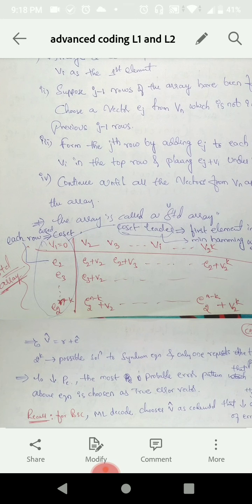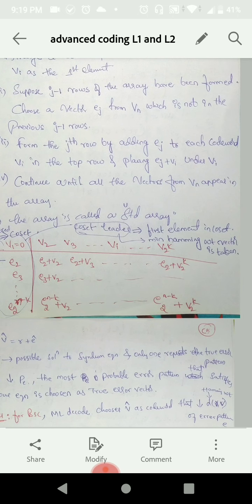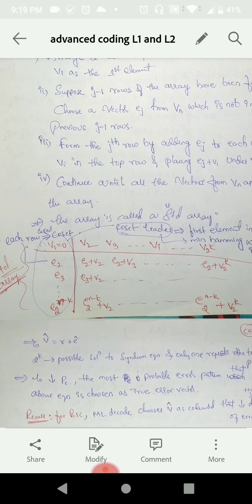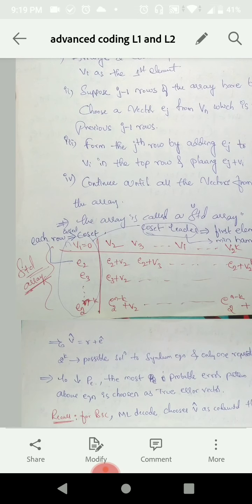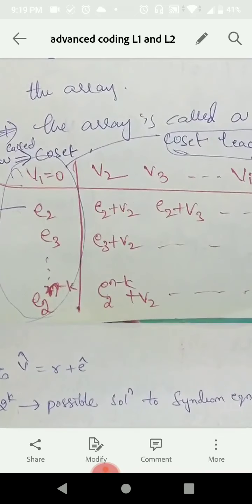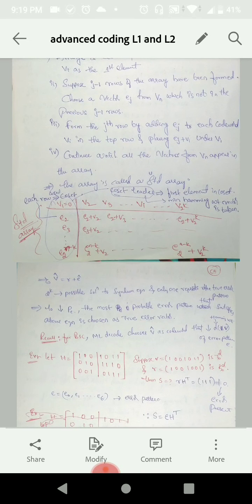Okay, so these are the error vectors. Each and every row is called a coset, and the first element of the coset is called the coset leader. We need to make sure that e2 and v1 should have minimum Hamming distance, and e3 and every bit followed by v1 should have minimum Hamming distance.